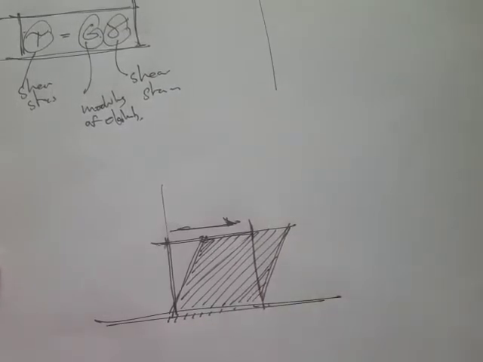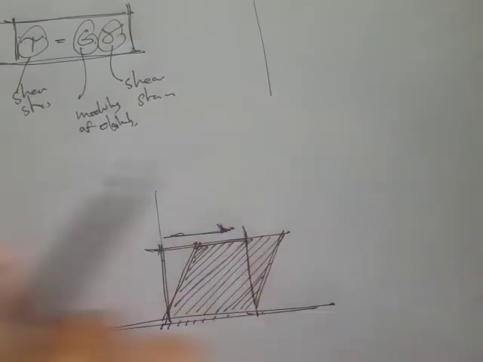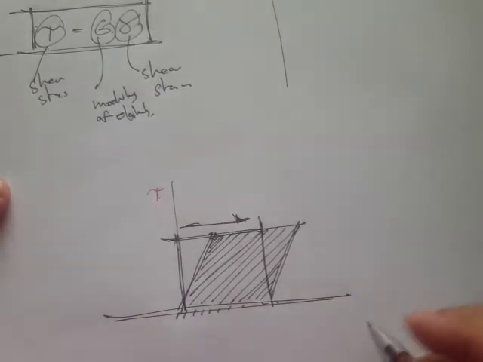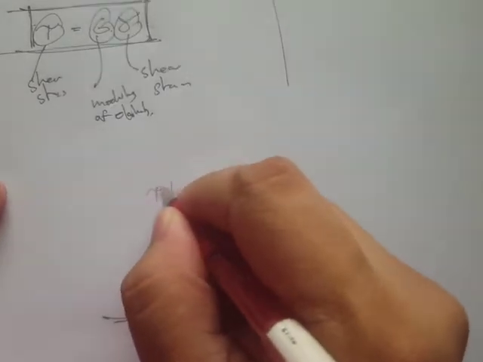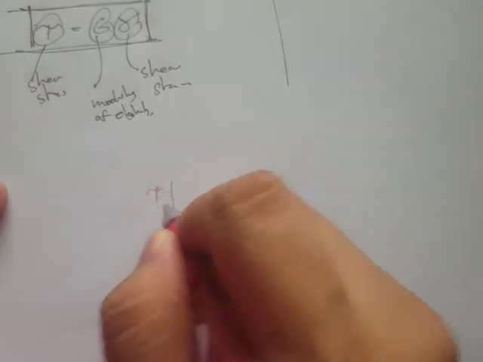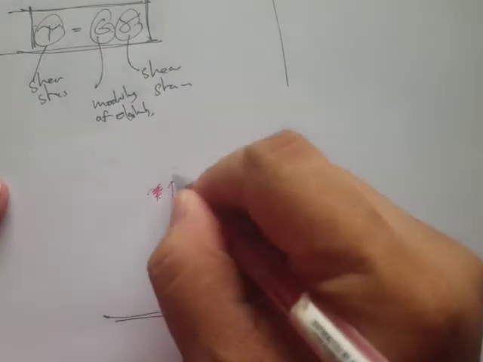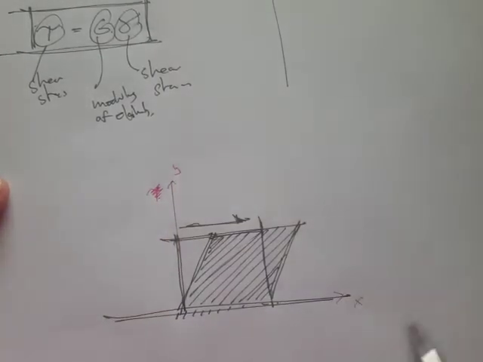But of course, please understand that this is a rate, so it must be continuously deforming. Right, so now we have the shear stress, and in terms of the geometry, this is y, this is x.